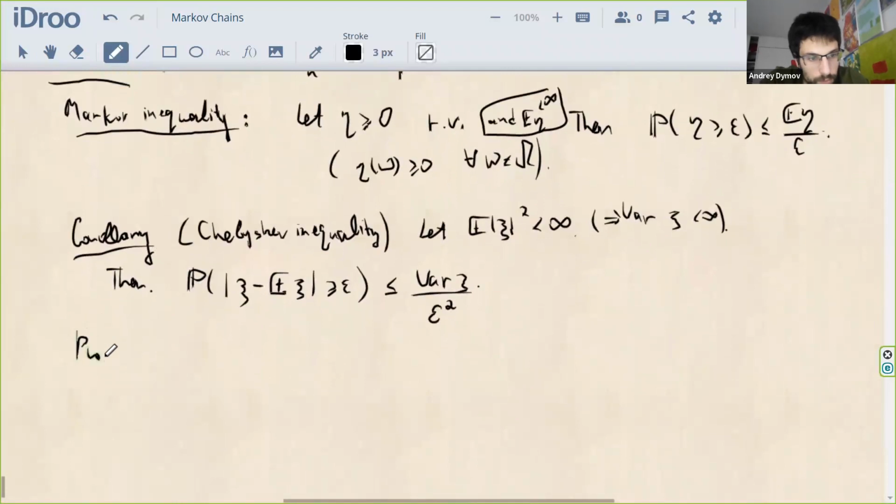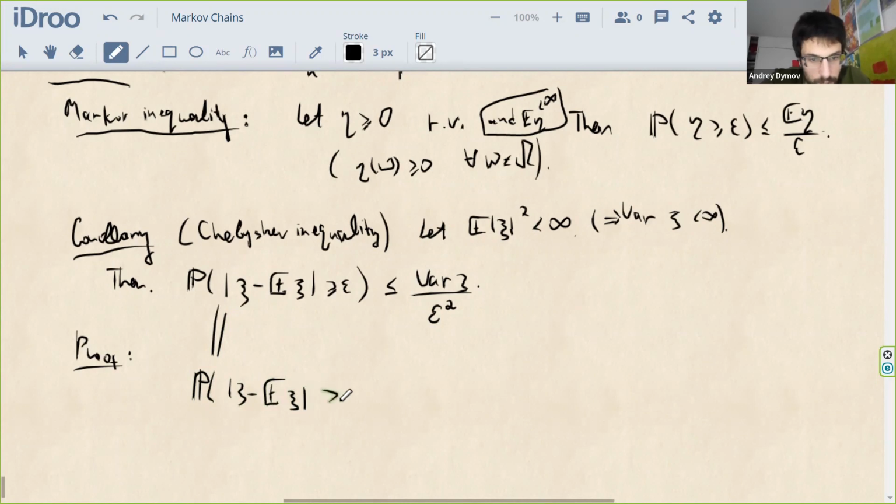Proof of the corollary immediately follows from the Markov inequality. Look, this equals the probability that the square is at least epsilon squared. So you have two positive objects: on the left-hand side, the absolute value, and on the right-hand side, a positive number.